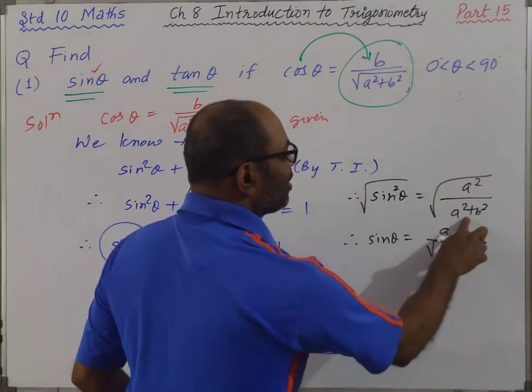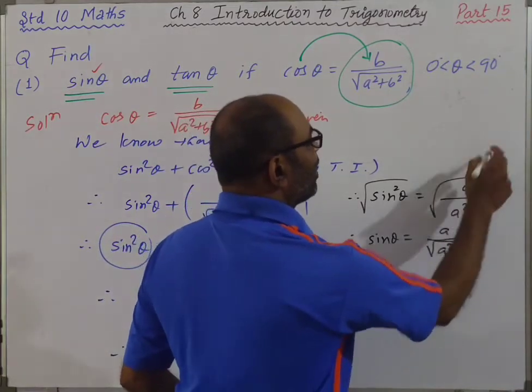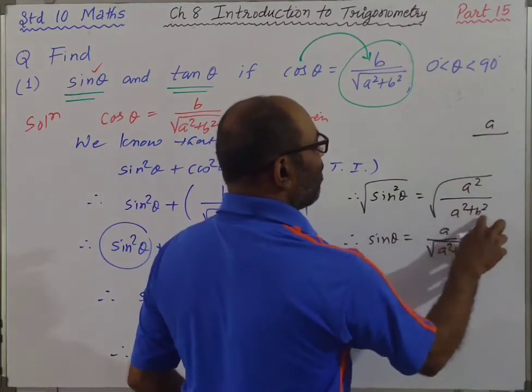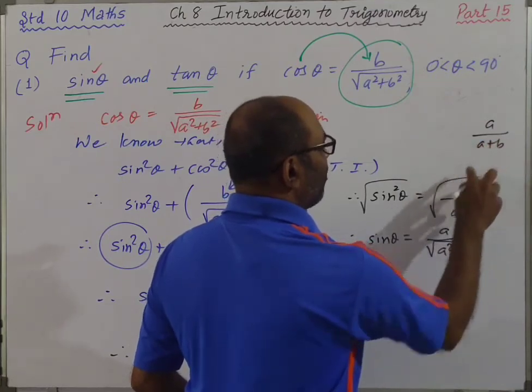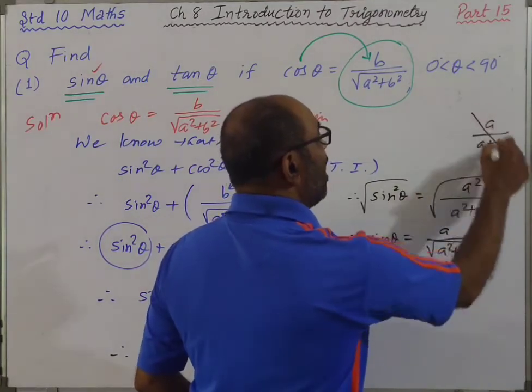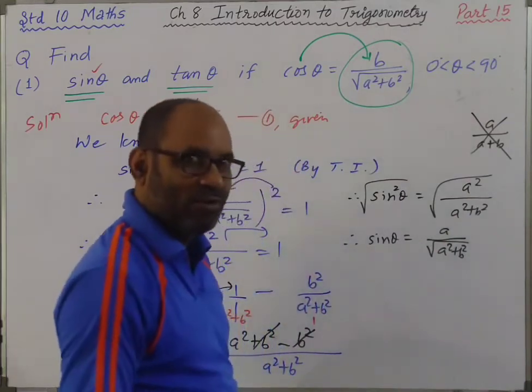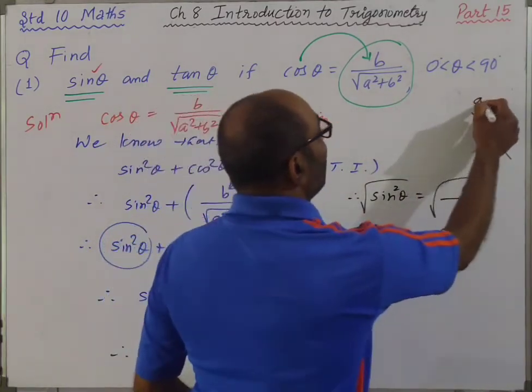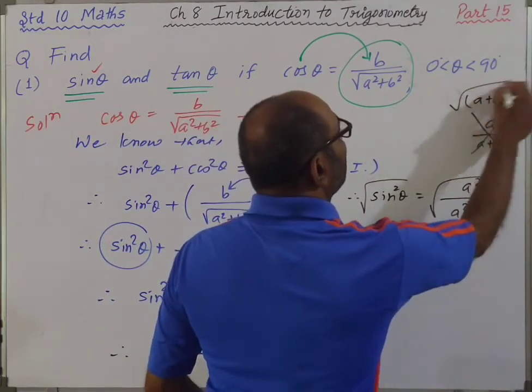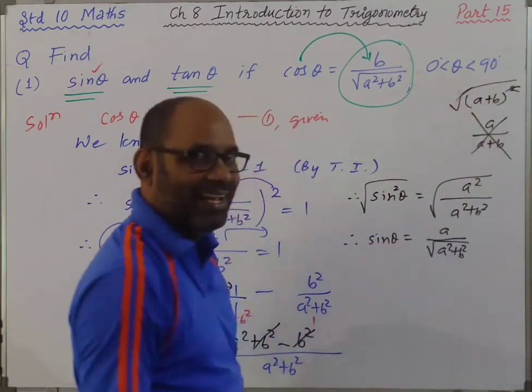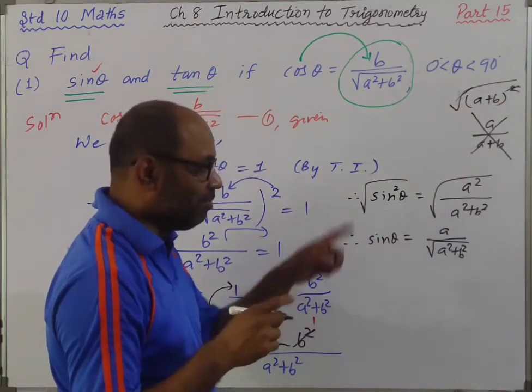Be careful, some children write the square root of a square as a, and then the square root of a square plus b square as a plus b. Absolutely wrong. Be careful. If it is a plus b whole square, only then can it come out of the square root. Is that clear to you? Don't make that mistake.